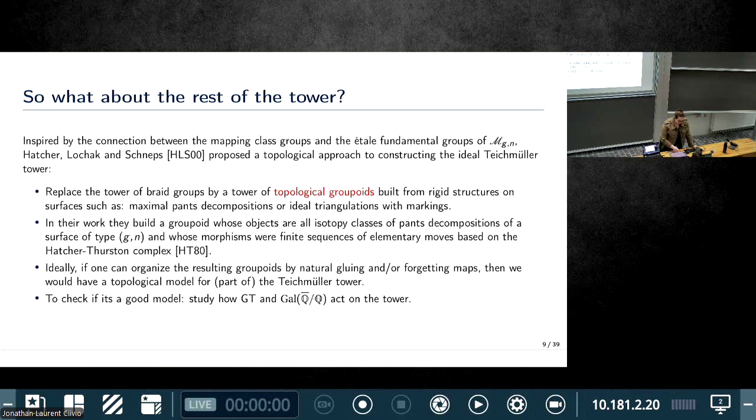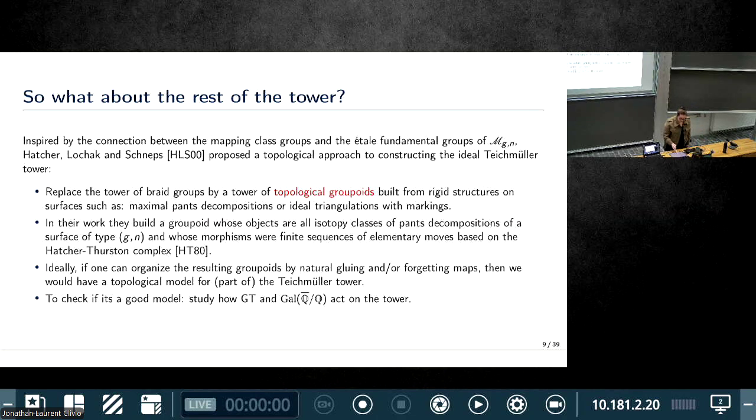So they were looking at a groupoid model of the Hatcher-Thurston pants decomposition complex. So it's a two-dimensional CW complex built on pants decompositions of surfaces, or objects of pants decompositions of surfaces.